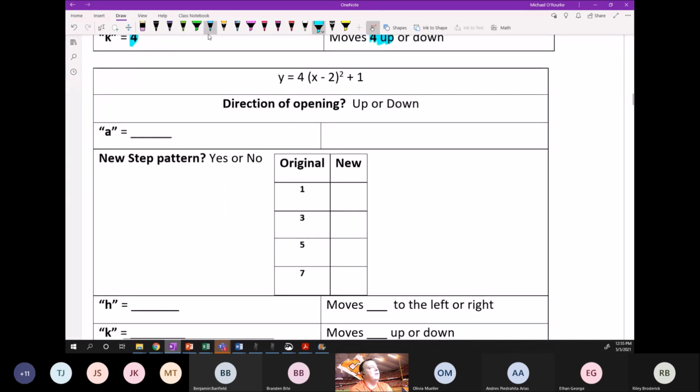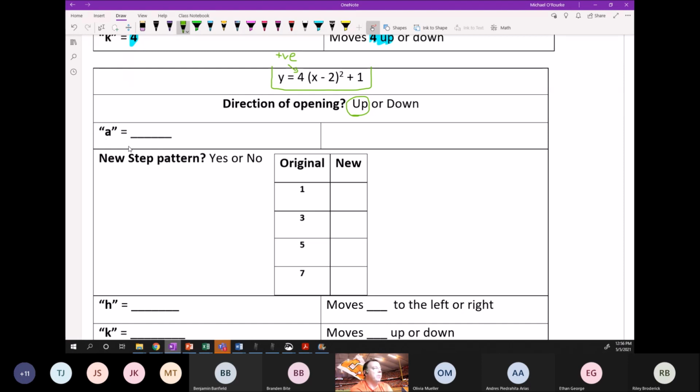So in chat, tell me, is my direction of opening for this one up or down? So write a U for up or a D for down for this equation. Correct, it is up, because that is positive.